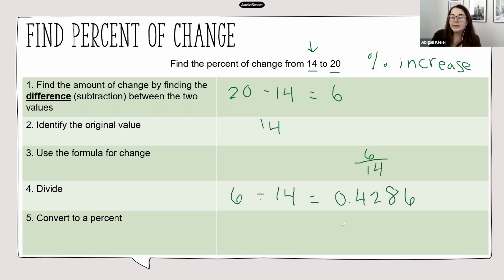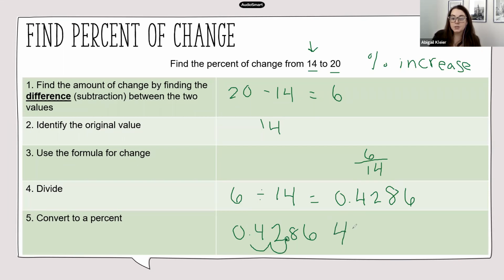So now we have a decimal version, and our very final step is to convert this decimal into a percentage. Now, in order to convert a decimal into a percentage, we're going to move that decimal point to the right 2 spaces. So 0.4286, move that decimal point to the right.